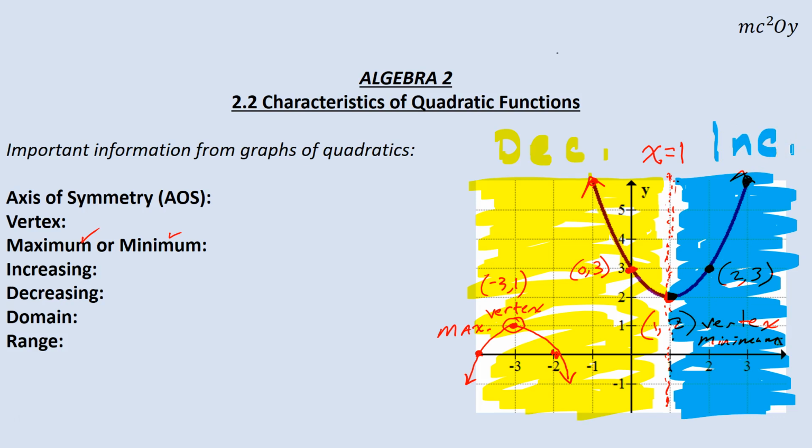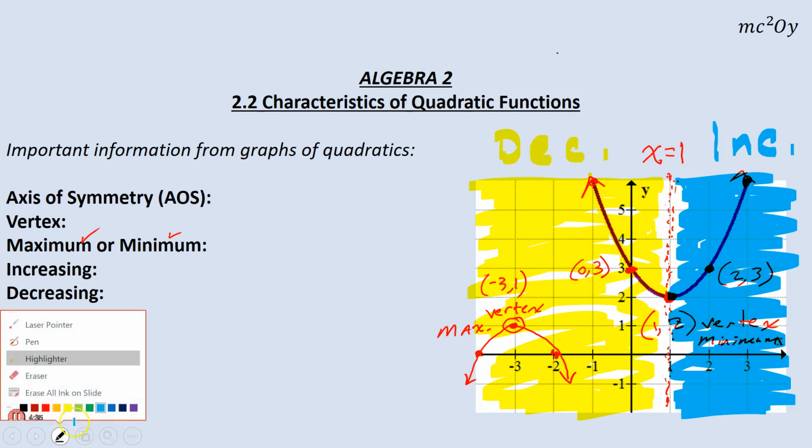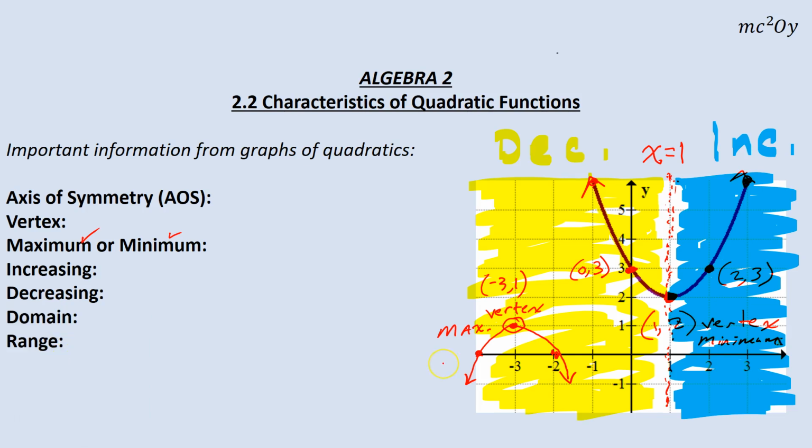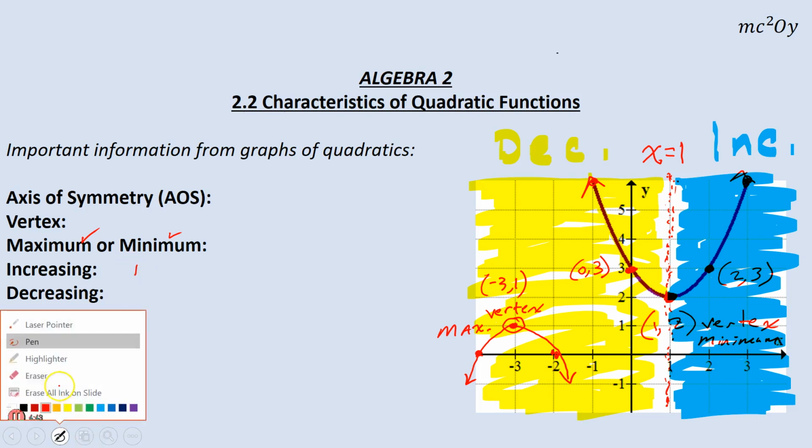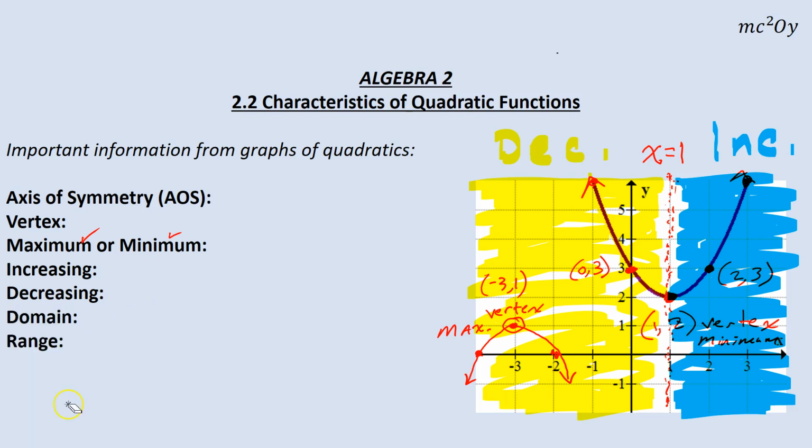All right, and so the way we label that in this case for the original graph I had there, not the one that I drew, we would say my graph is decreasing when x is, so if I look at my x value, we judge it based on the x-axis here.